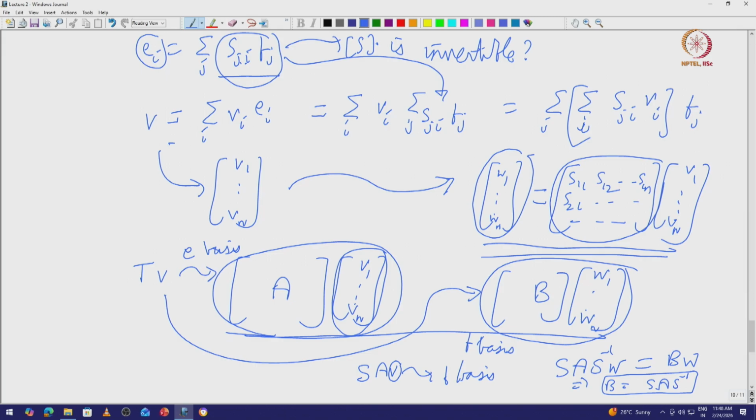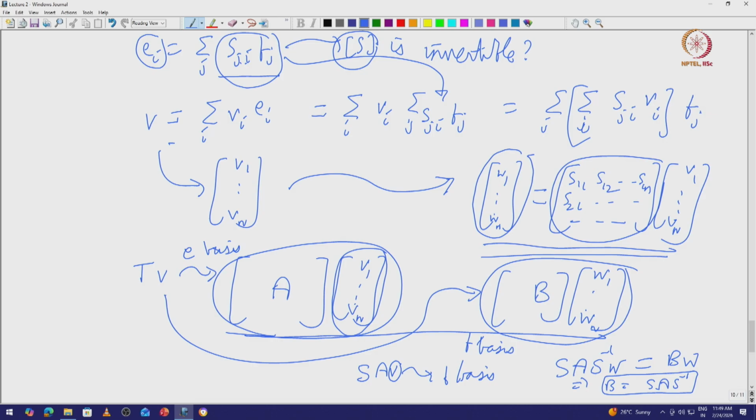You can write F also in terms of E. If you write E in terms of F and then F in terms of E, then you're writing E in terms of E, which means it's doing nothing. It's the identity map. Since the associated matrices of a composition of linear maps get multiplied, S is invertible because there is another matrix which when multiplied with S gives you identity.